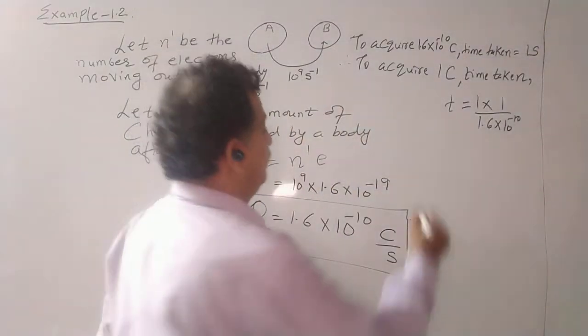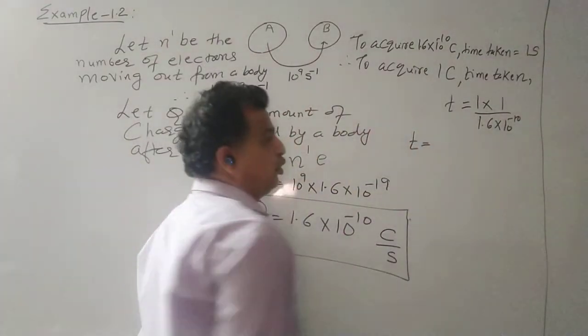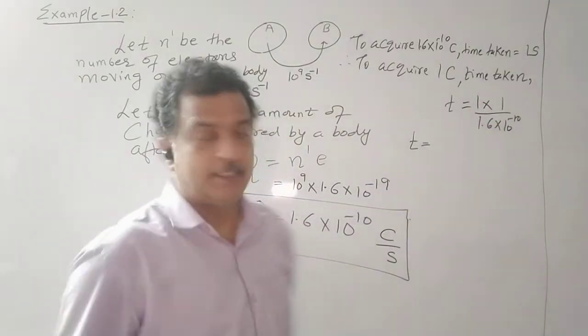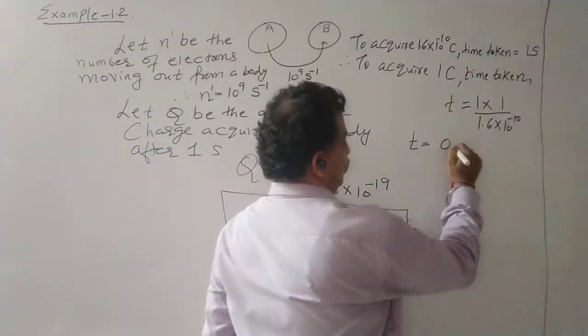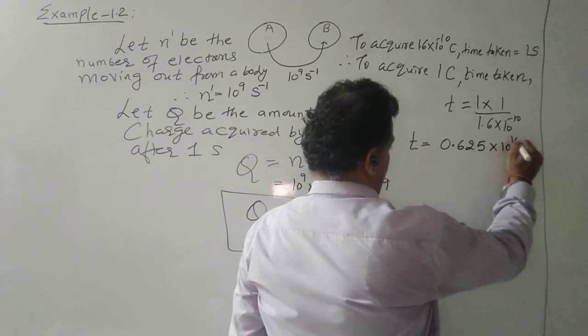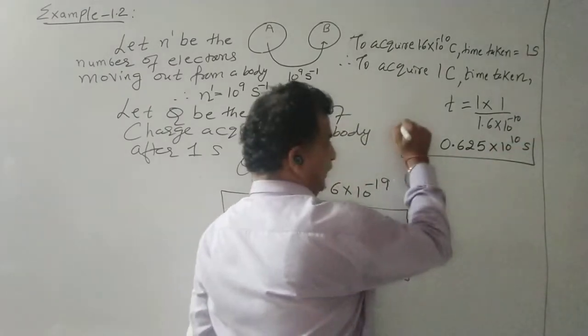So this time taken t is equal to 1 divided by 1.6, that comes out to be 0.625 into 10 raised to 10 seconds.